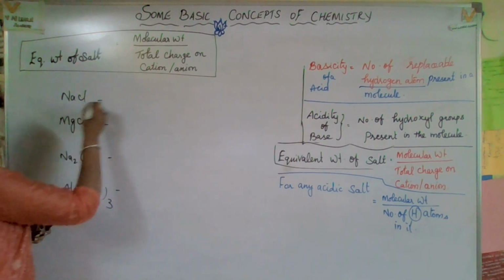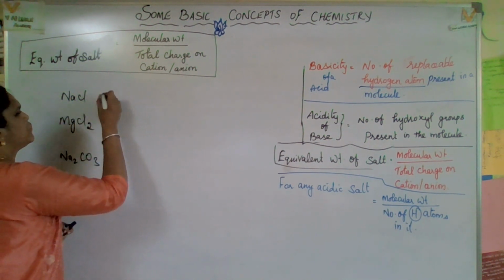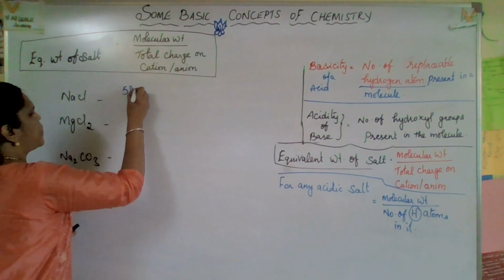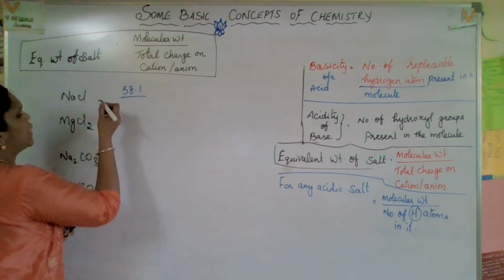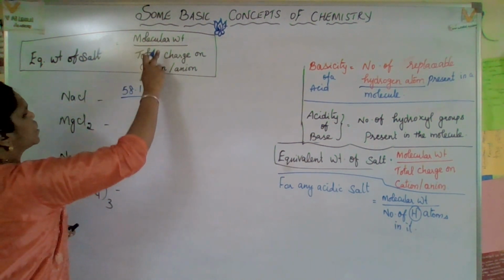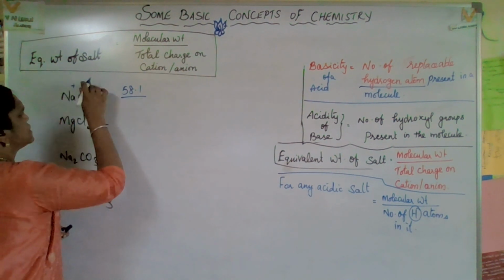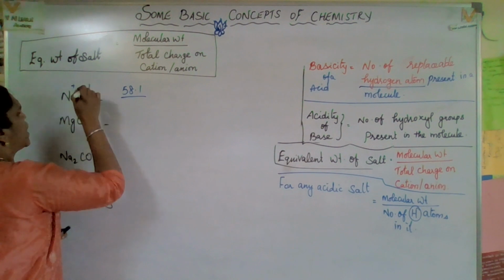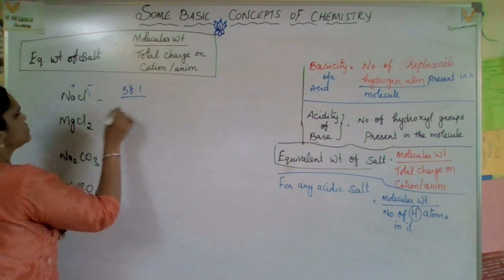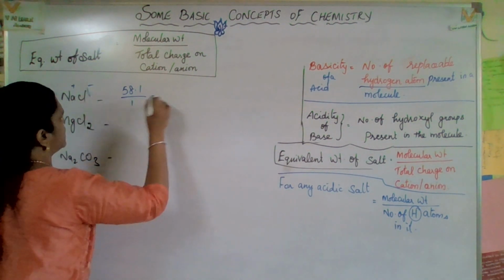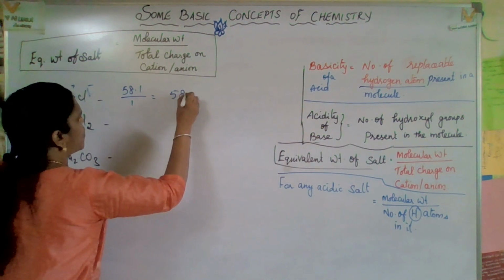The first one, NaCl. What is the molecular weight of NaCl? 58.5. So the equivalent weight is molecular weight divided by total charge on cation or anion, Na plus, Cl minus. So that means here 1, right? So the equivalent weight of NaCl is 58.5.